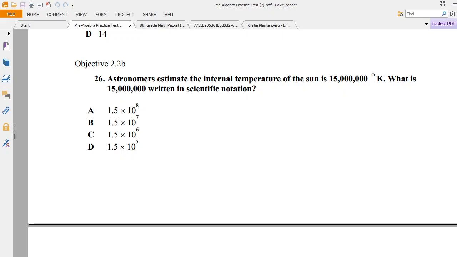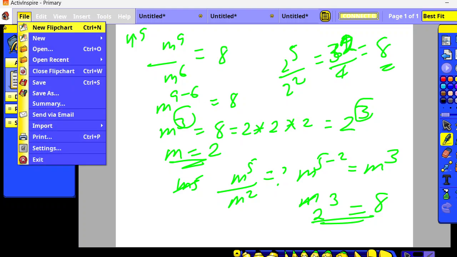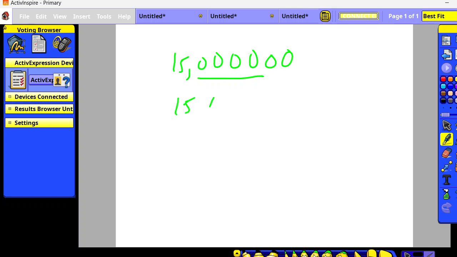Let me explain what I said. File, new flip chart. This is what you are given: 15 million, and let's add 6. So you have 6 zeros. That means 15 times 10 raised to 6. This is not in scientific notation.